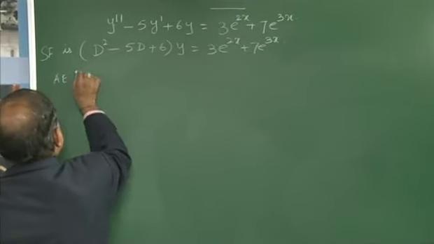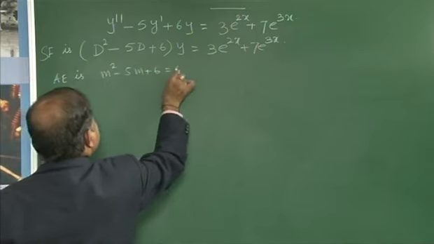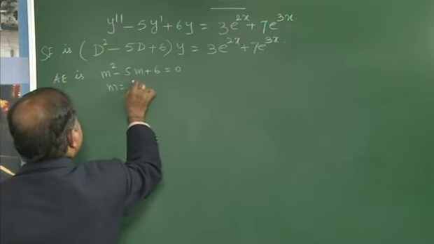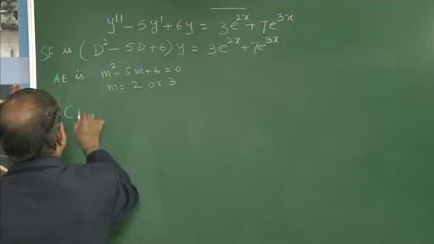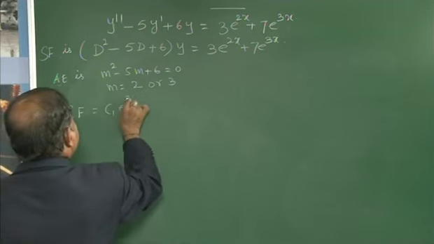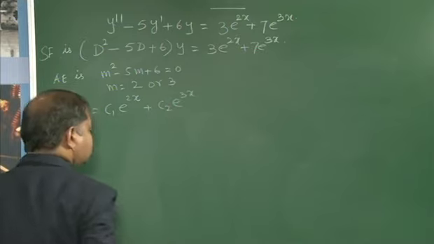The auxiliary equation is m squared minus 5m plus 6. You will get the roots 2 or 3. What is your CF? C1 e power 2x plus C2 e power 3x.